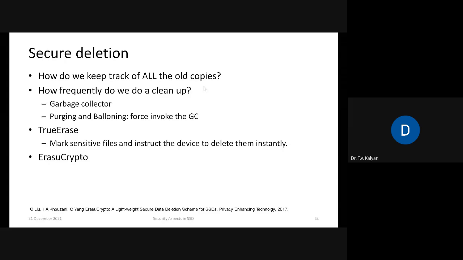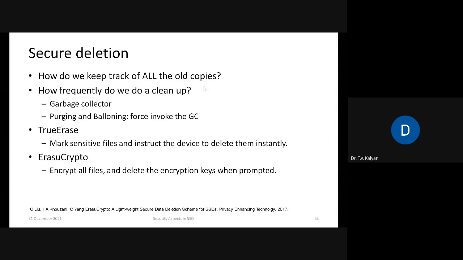Another proposal was Erasure Crypto. It is a lightweight secure data deletion scheme. I put the paper here. What it does is it will encrypt all the files, and when the user prompts the deletion of some particular file, it will only go and delete those encryption keys.